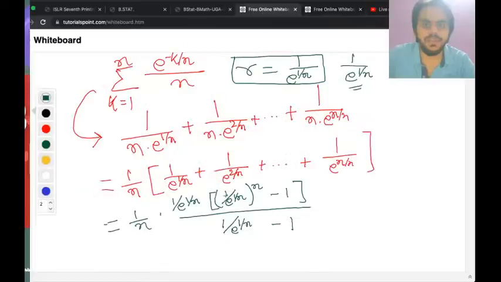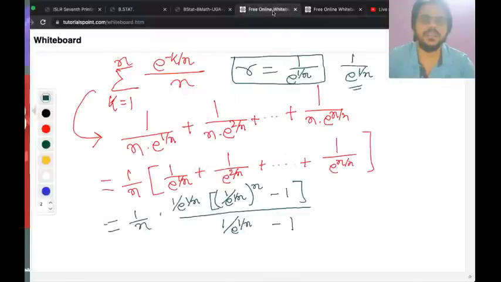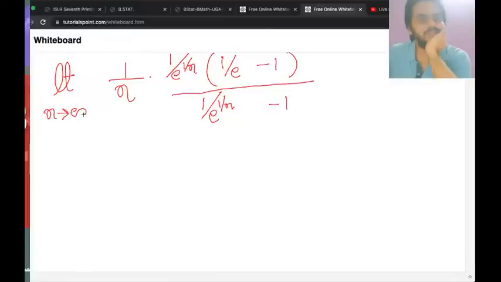Inside, if I take the nth power, this thing will be gone, so it will be simply e, so this will be 1 by e. Let me check it again. Yeah, this is right. Now I need to find its limit when n tends to infinity.